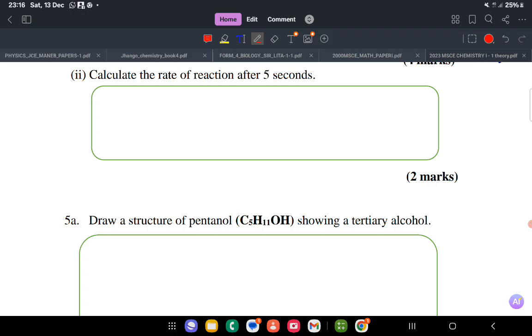So we need to do that. We need to have a carbon atom, another carbon atom at the end, and another carbon atom there. So the OH is positioned at a carbon atom which is attached to two other carbon atoms.